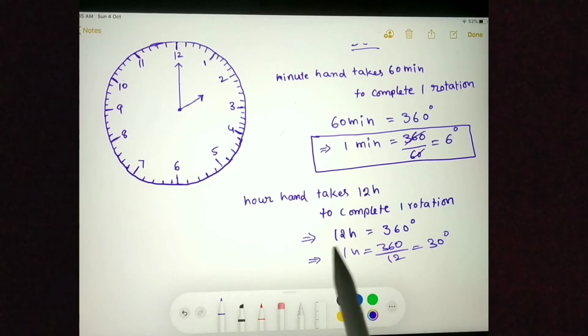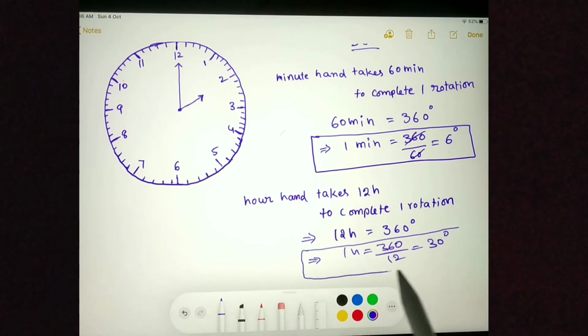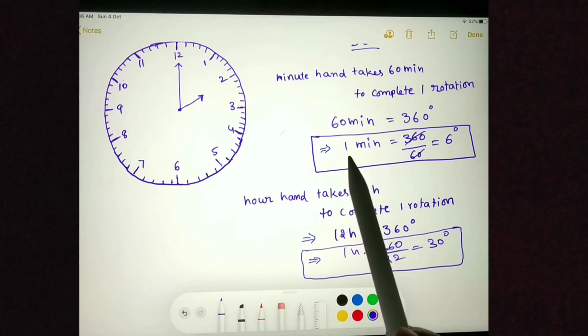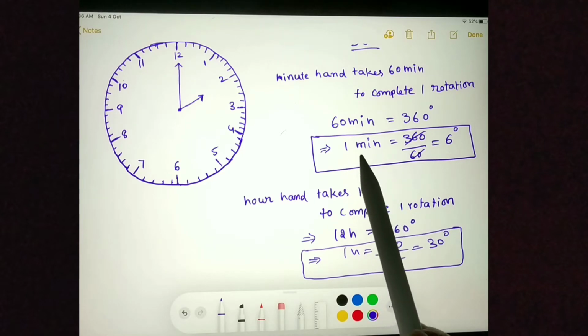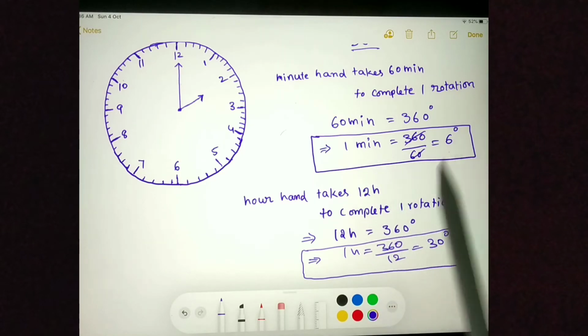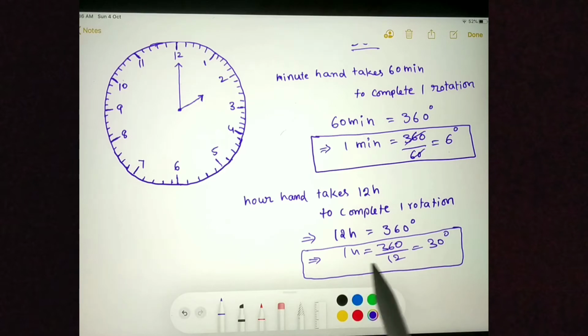This is very important information. In 1 hour our hand travels 30 degrees. Minute hand in 1 minute travels 6 degrees. In 1 hour our hand travels 30 degrees.